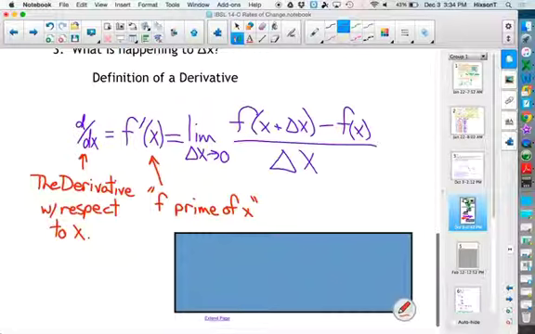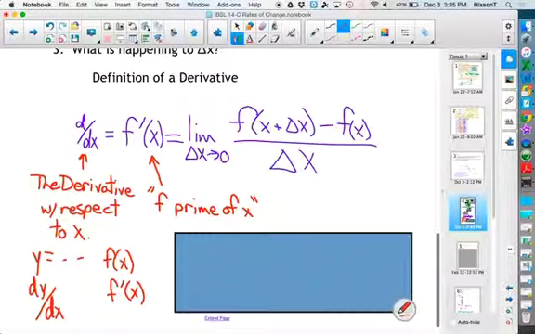Often when you're given a function written in terms of y, like y equals something, they'll say find the derivative of y with respect to x, dy dx. Also, if the function was given in function notation f of x, it'll often just say find f prime of x.